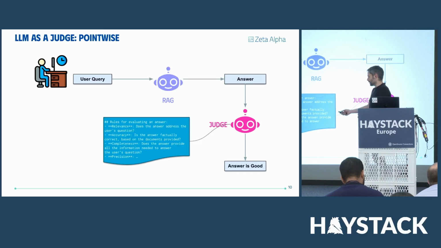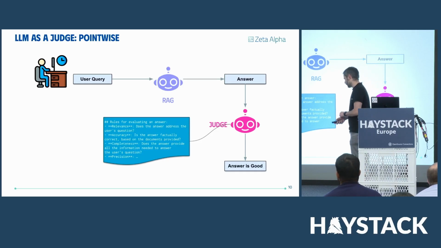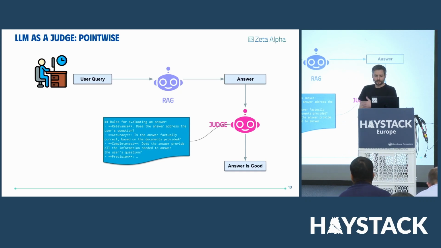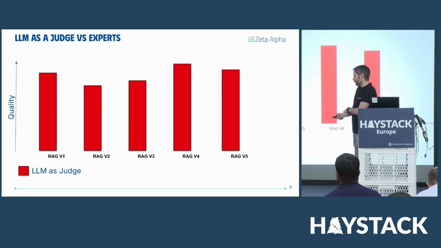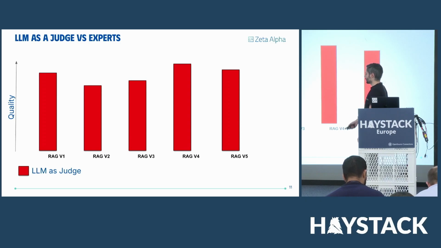In this case, it's just a very generic prompt, saying take accuracy into account, the completeness, and this is based on the hits that you are seeing. So you can play this game, and let's say you have multiple versions of your system. In this case, I'm calling them RAG v1, RAG v2, and so on. Then you ask the judge to evaluate the quality, and you can just average the quality for each query, and this is something what you will see.